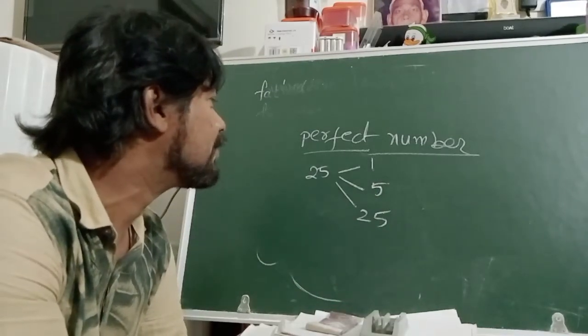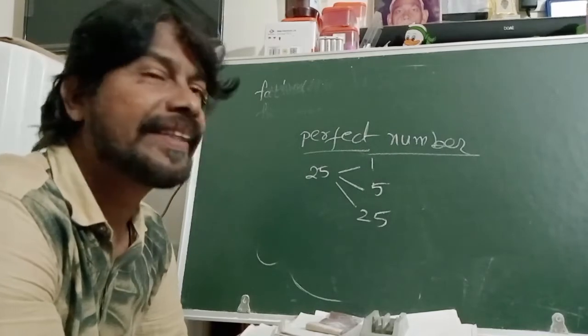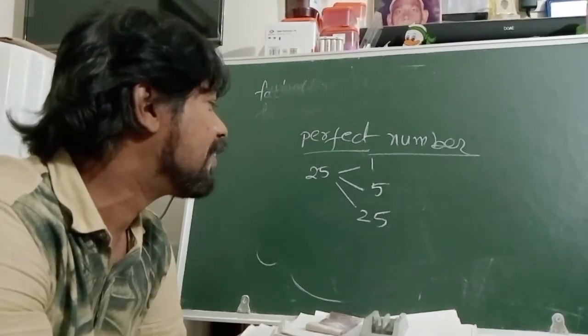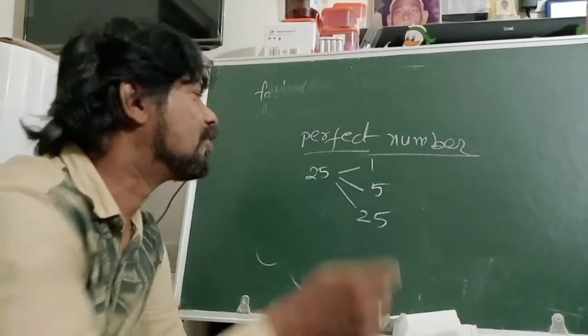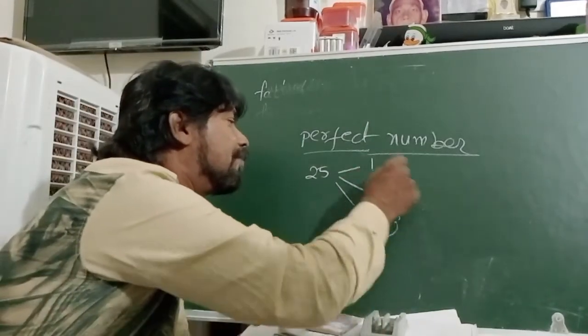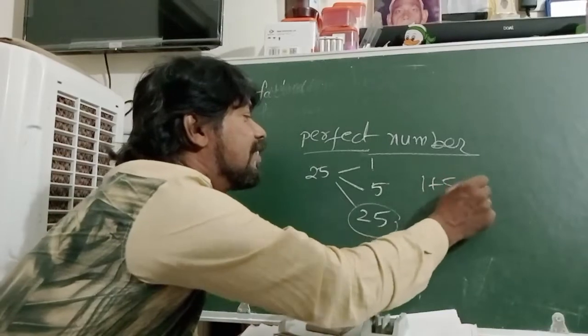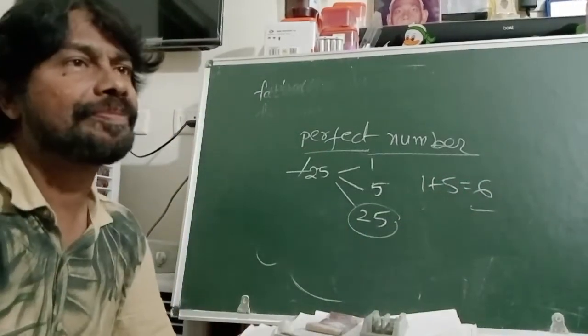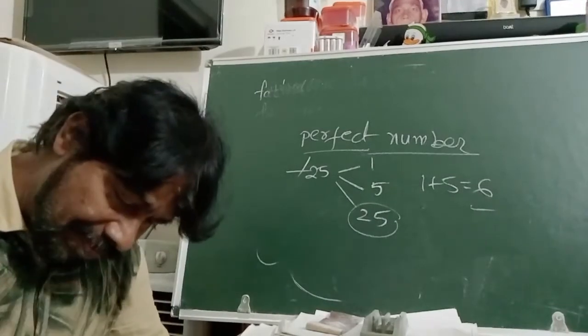Sum except 25: 1 plus 5 is equal to 6. So 25 is not a perfect number.